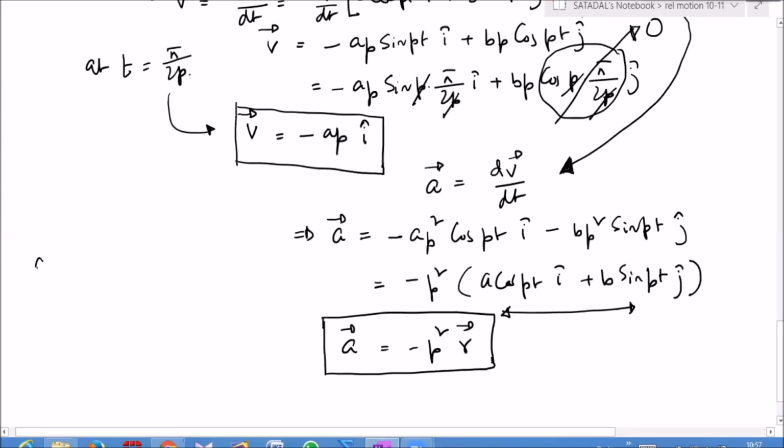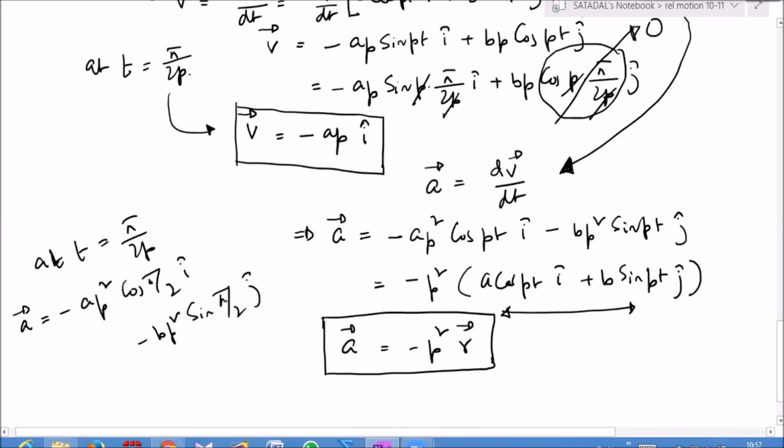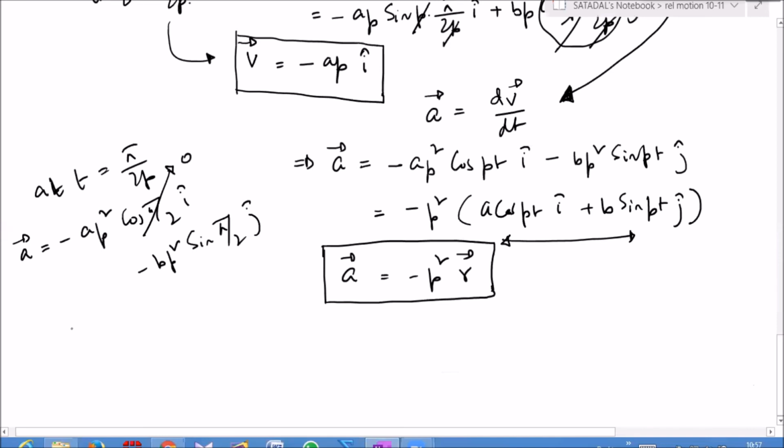Now again, at t is equal to pi by 2p, you check what will happen. Now a vector is equal to minus, I'm directly writing, this term will become cos pi by 2 i cap minus bp square sin pi by 2 j cap. Now this becomes 0. So what survives? A vector is equal to minus bp square j cap.